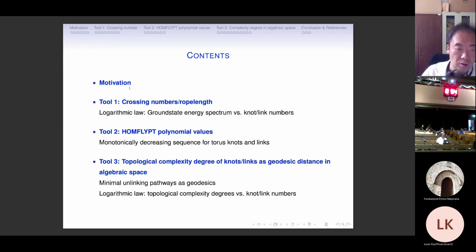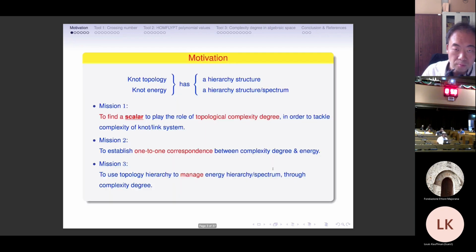Firstly, the motivation. Then I will review 3 important tools in this direction: crossing numbers, or rope length to be exact; then HOMFLYPT polynomial values; and the last one is topological complexity degree as geodesic distance.